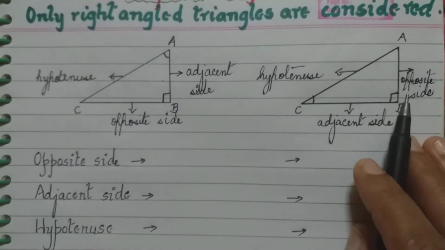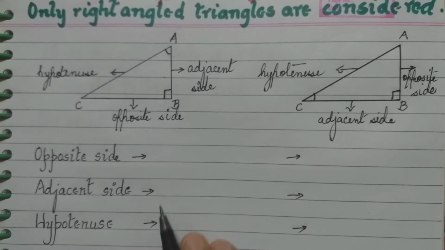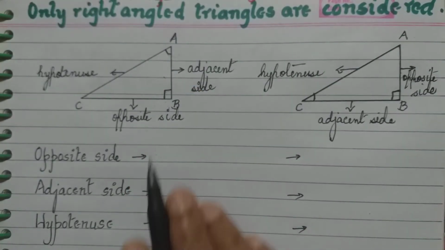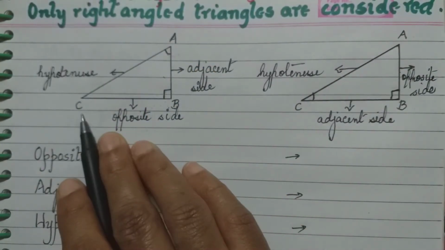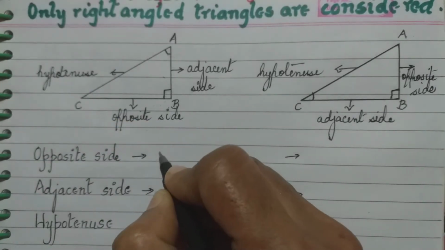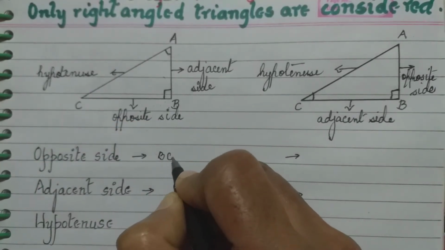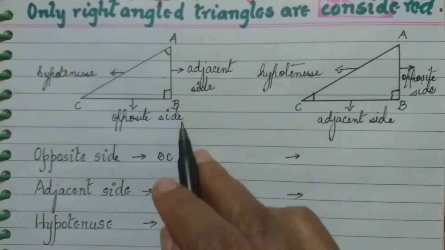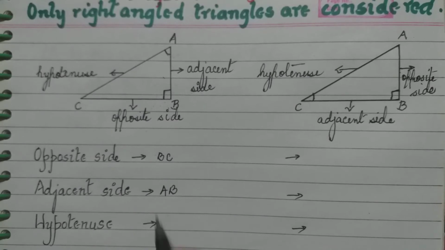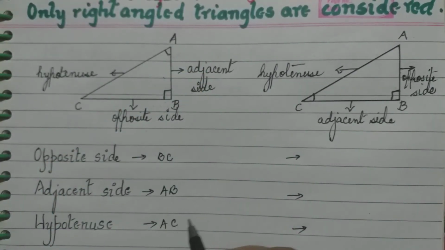Now let us name the opposite side, adjacent side and hypotenuse in each of these triangles. In this first triangle ABC, the opposite side is BC, so we write here BC. The adjacent side is AB, so we write here AB. The hypotenuse is AC, so we write AC.